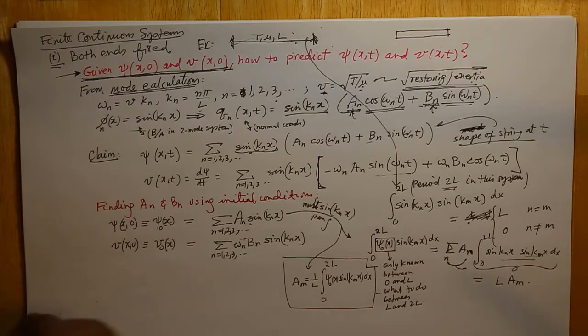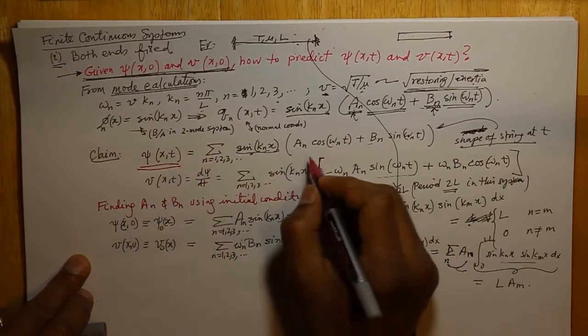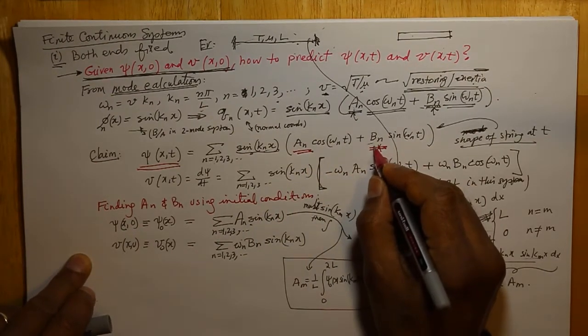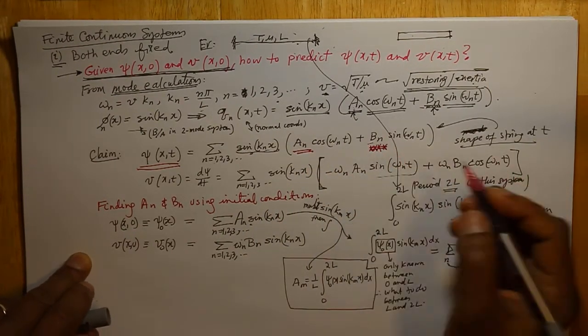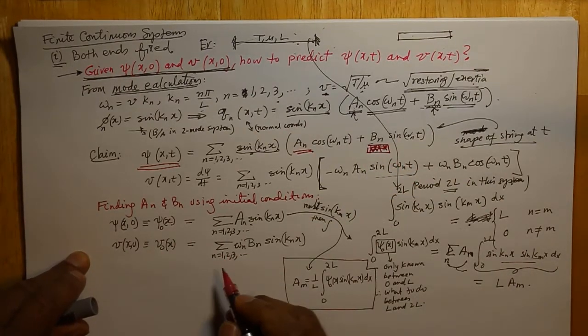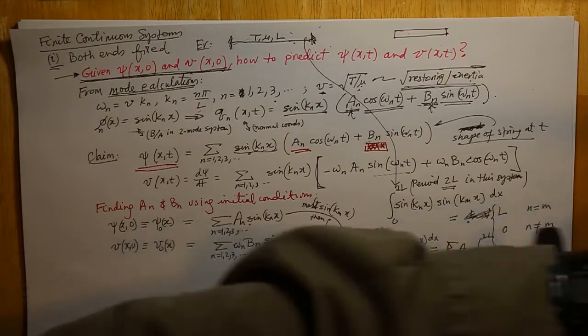But I claim that psi of x depends not just on a but also on b. So I need to find b also. The b will be found through using the velocity.